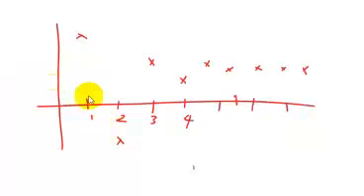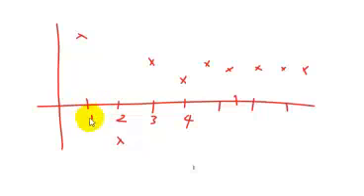As I said in my previous video, a sequence is a function of indices. These are the indices. The first index is 1, the second index is 2, 3, 4, 5, 6, up to infinity.